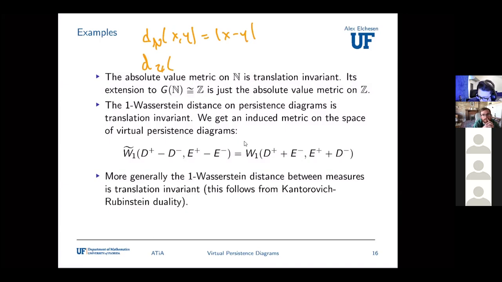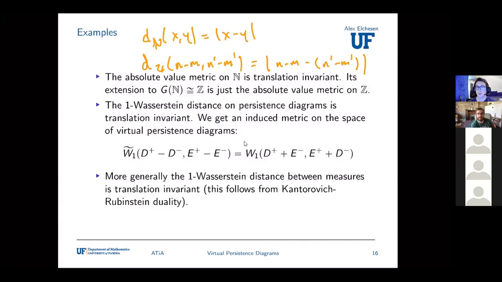If you have a difference of two integers, which of course can always be written as a single integer, but say n minus m and n prime minus m prime, then the distance you get from this construction is exactly what you would expect. It's stupidly trivial, but that is the simplest example.